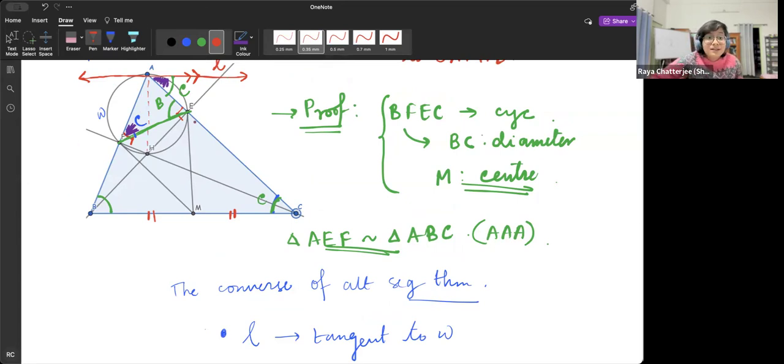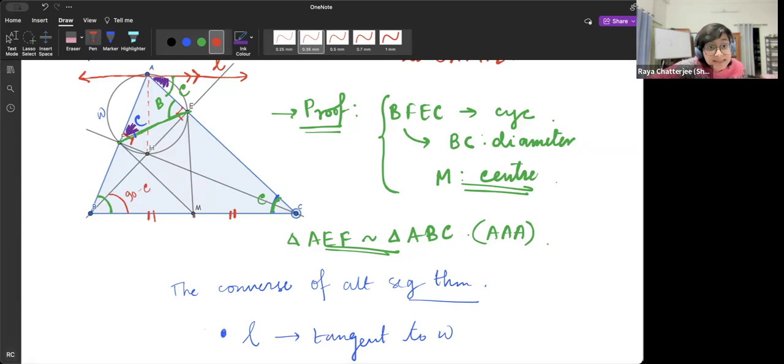Okay. So AEHF is a cyclic quadrilateral, and therefore, our next aim would be to show that ME is tangent. We are going to use the same argument, the alternate segment theorem thing. So for that, we are going to chase some angles. What is this angle? This angle is basically 90 minus C, right?